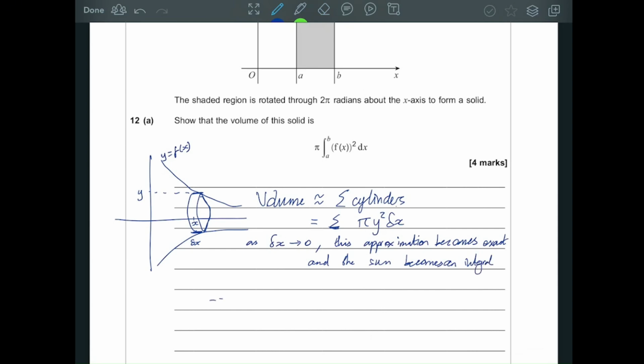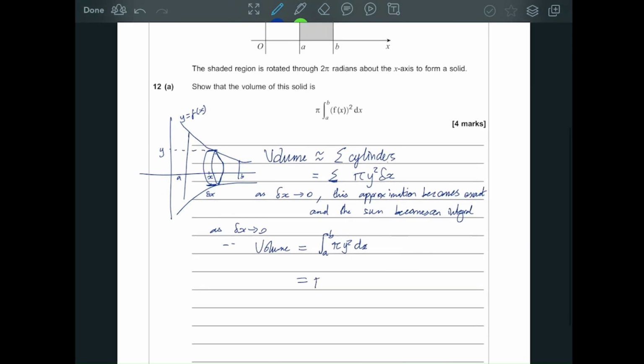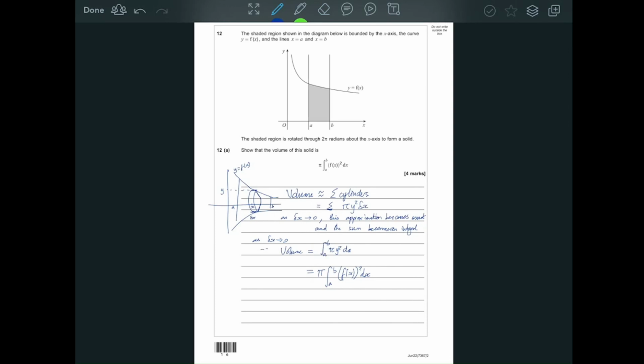So that means as delta x tends to 0, the volume becomes equal to the integral between those limits of a and b of pi y squared dx, which, let's write it in the form that they want, is pi times the integral of f of x squared dx. A useful derivation to make sure that you have memorized.